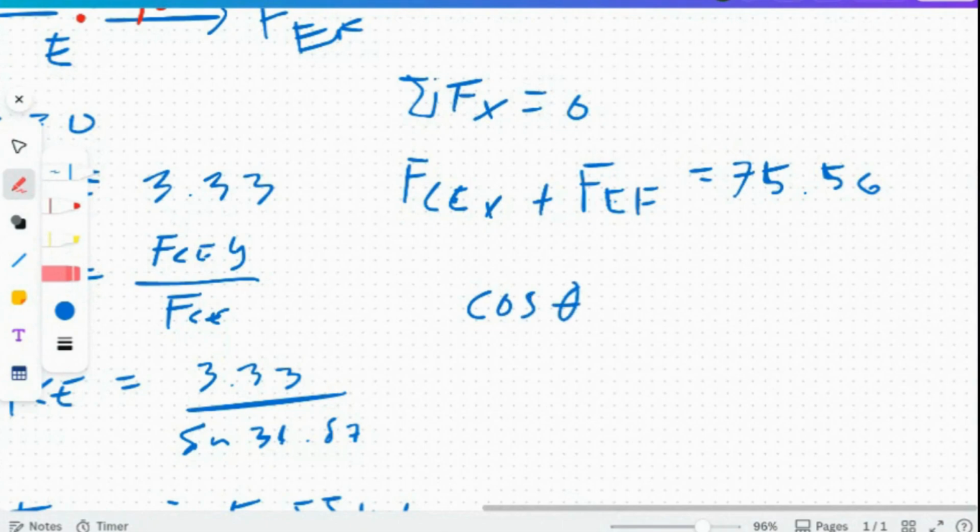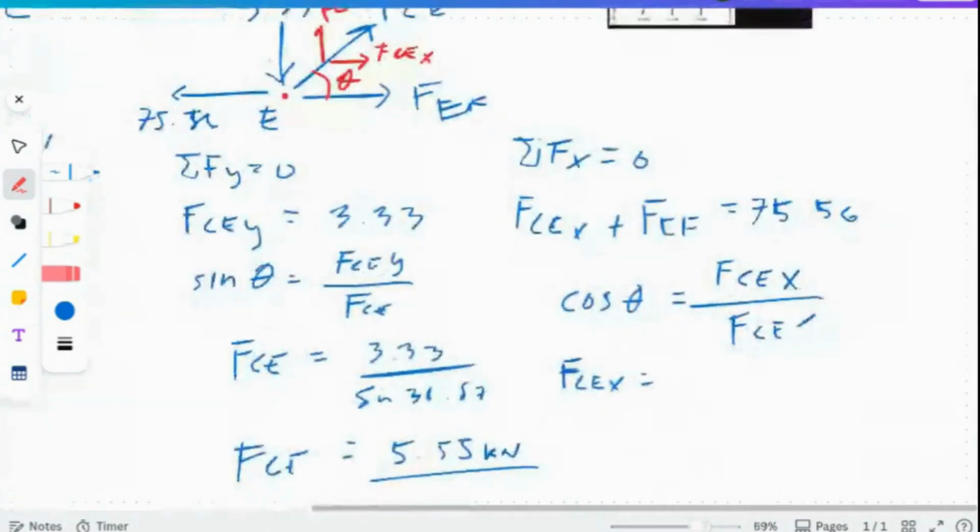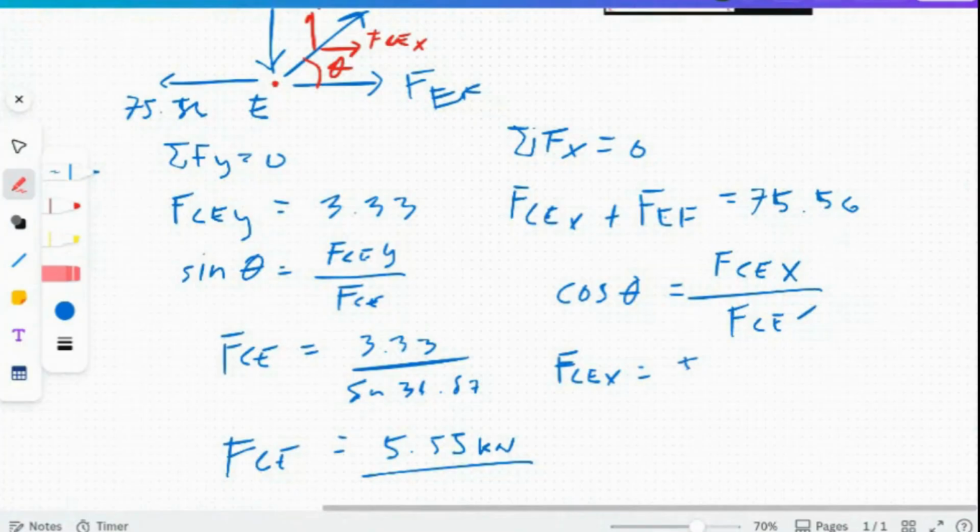Cosine theta is equal to FCEX over FCE. We're looking for FCEX. FCE, again, was 5.55.